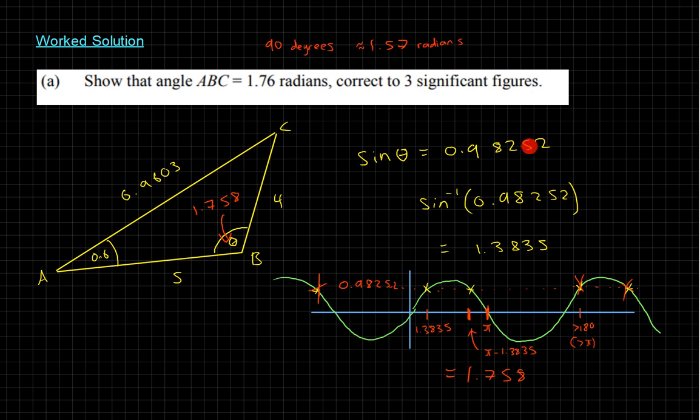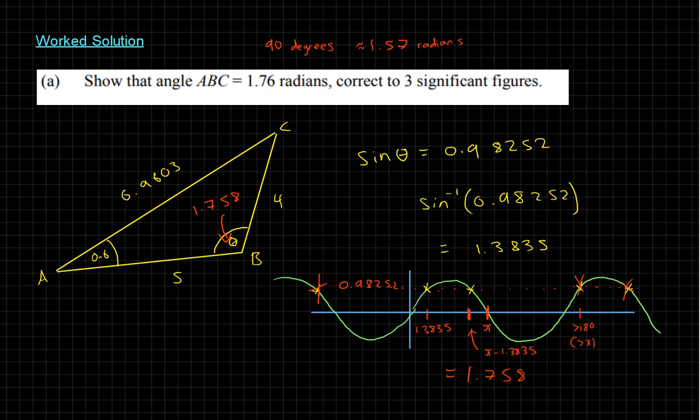The infinite number of solutions is reduced to 2 possible solutions when we're talking about triangles, and then you have to reduce that further to 1 solution by considering, am I looking at an acute angle or an obtuse angle? And remember that the calculator will only give you the acute one because it will give you the smallest positive answer. Hopefully that makes sense.